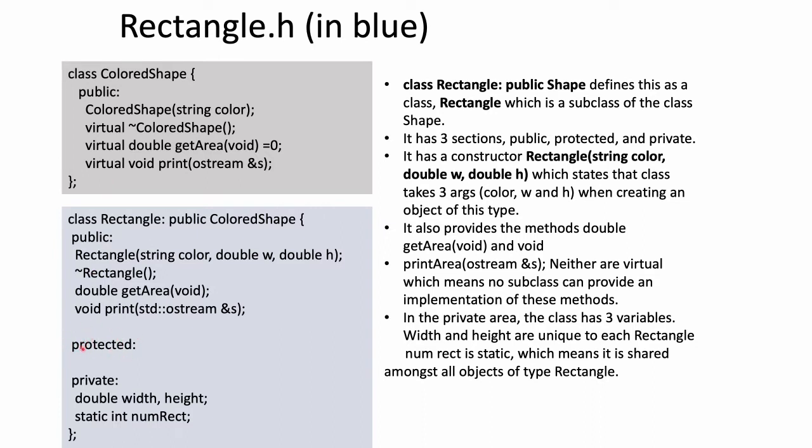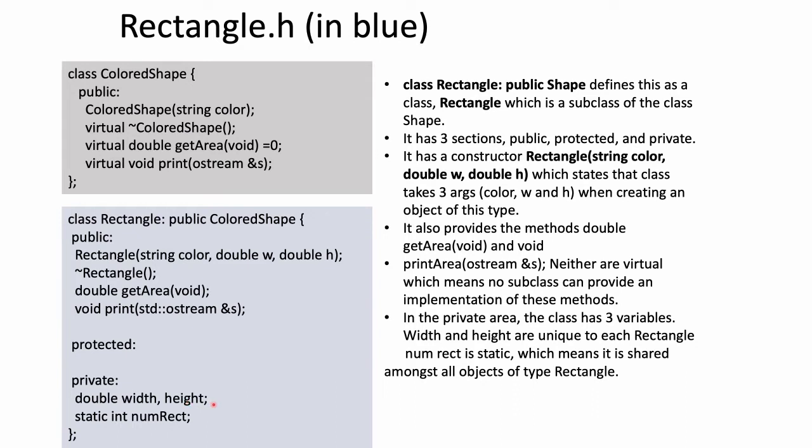This class has a protected area, but there's nothing in it. And then it also has some private area, where we're squirreling away width and height. We're also squirreling away a static integer named numRect. A static integer is something unique to that class, whereas this width and height are unique to every object.